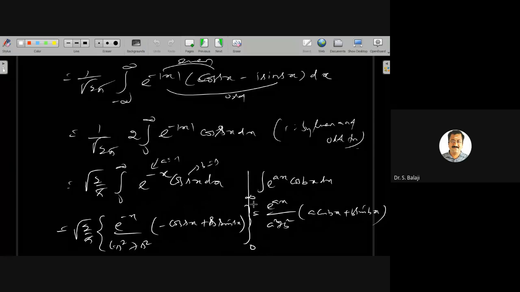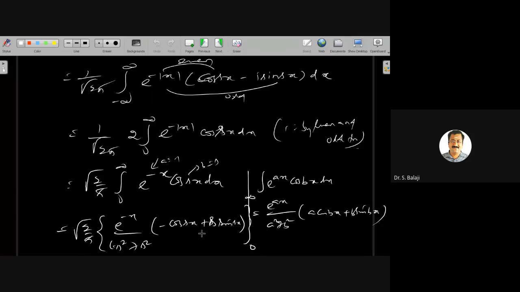Applying the first limit, e power minus infinity tends to 0, therefore this part totally vanishes.